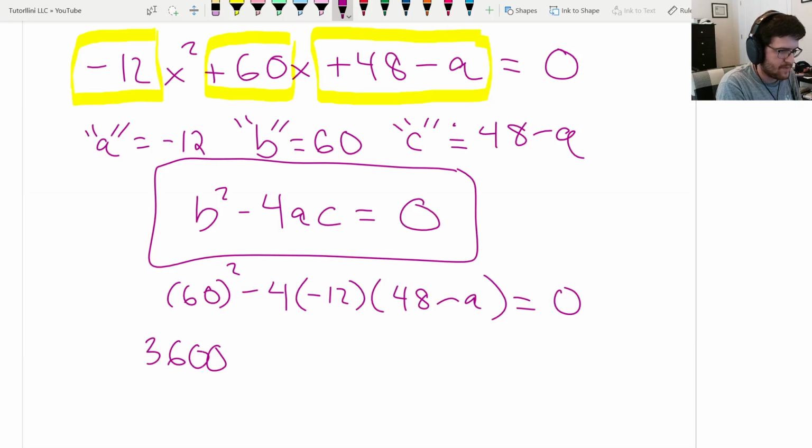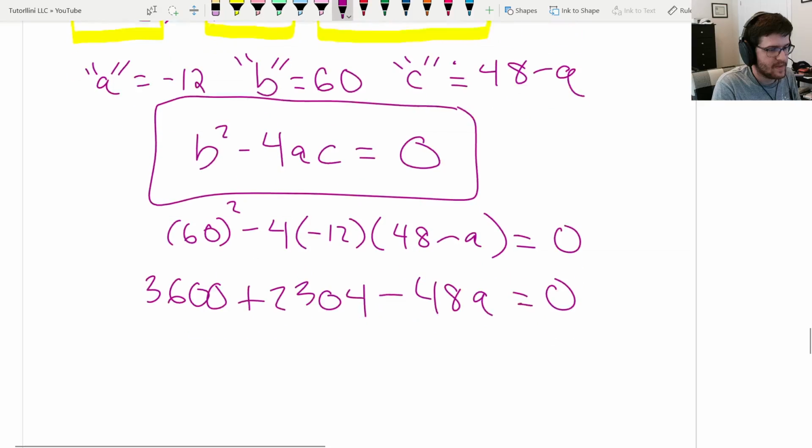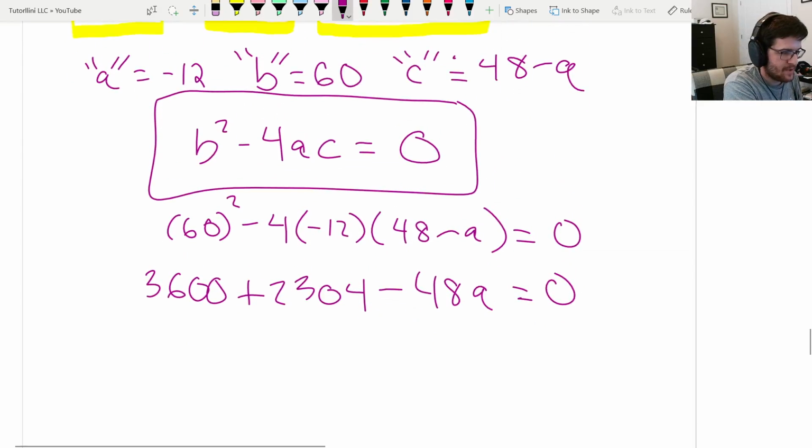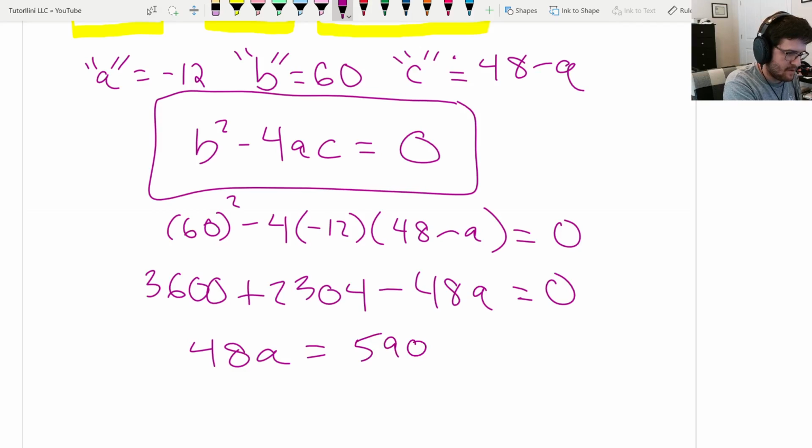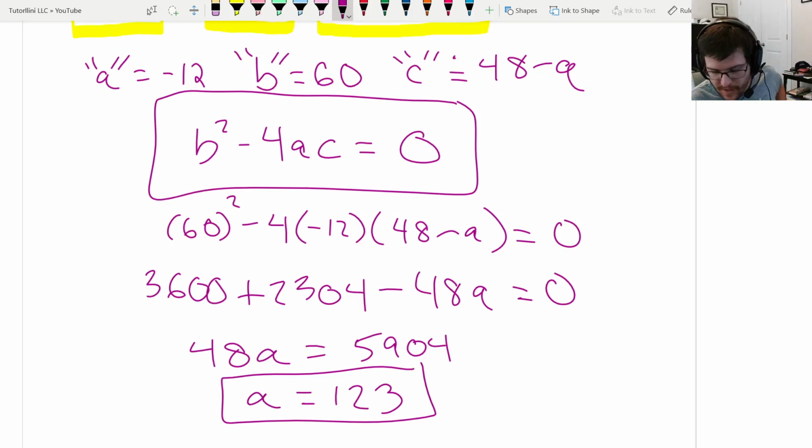It's 48. 48 times 48 is 2304, and then minus 48a equals 0. And if you rearrange this, we should get 48a equals 5904. And divide both sides by 48, and we get a equals 123. And that is the correct answer.